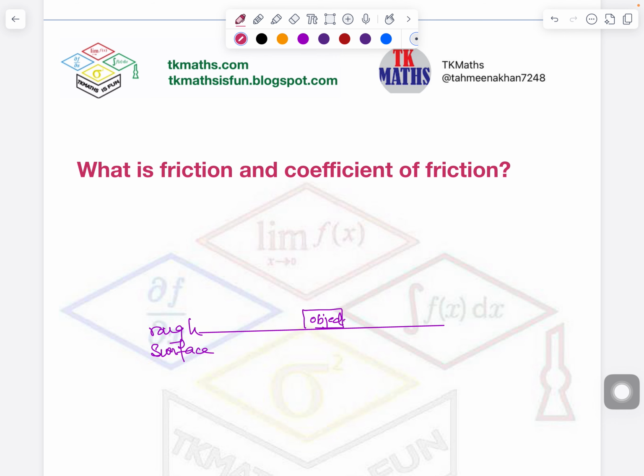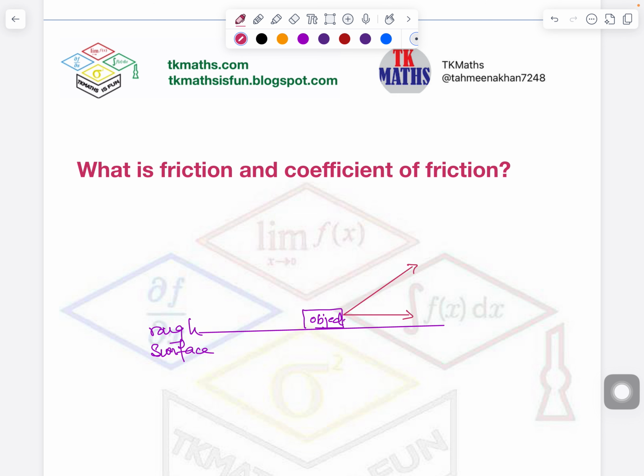Suppose you have a rough surface and an object on top of it. The friction force is between the object and the rough surface, and it acts to resist the motion of the object across the surface. So if a force is applied in this direction, it could be one force or two forces, maybe one horizontal force and one force acting at a certain angle.